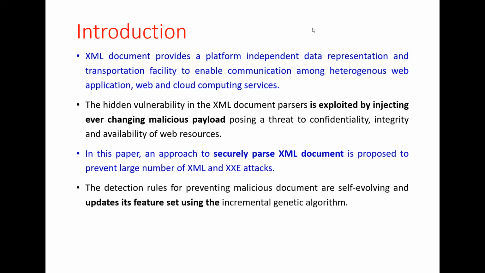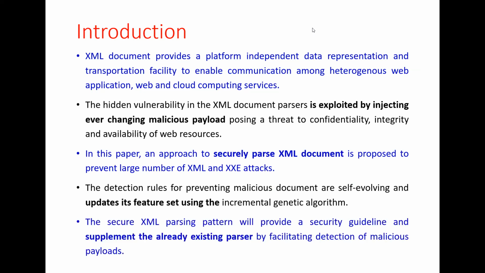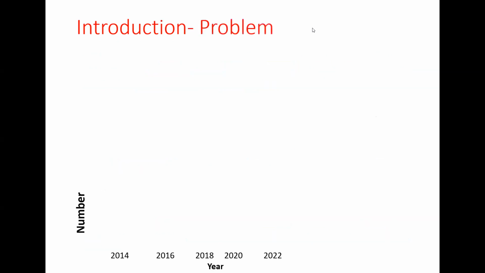We have proposed detection rules for malicious documents and payloads that keep changing, using an incremental genetic algorithm. The proposed XML parsing pattern will provide a security guideline, as well as supplement the existing parser by facilitating detection of malicious payloads.